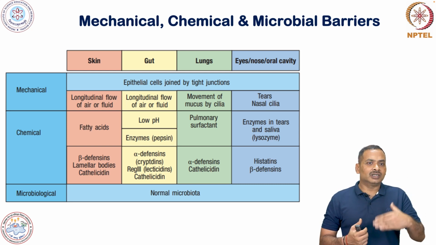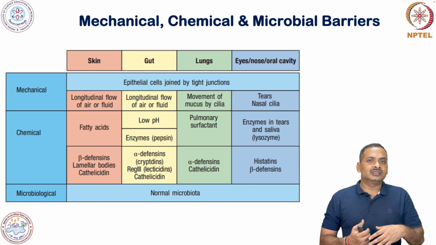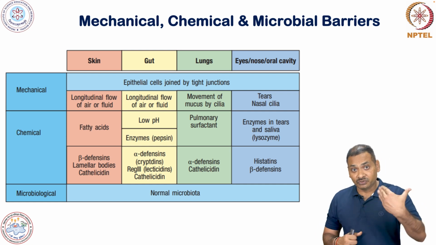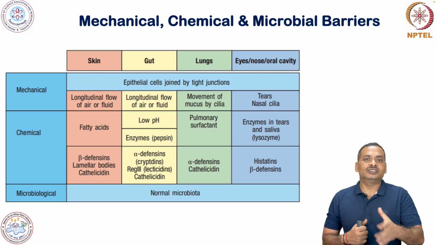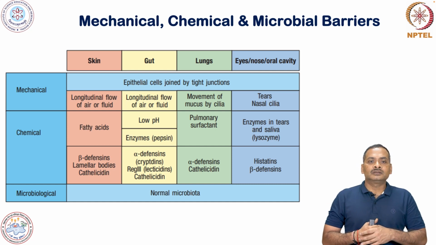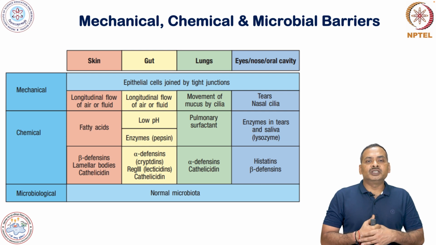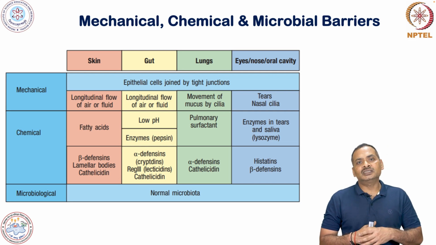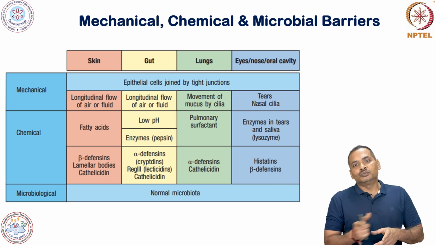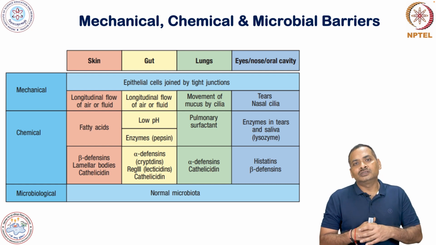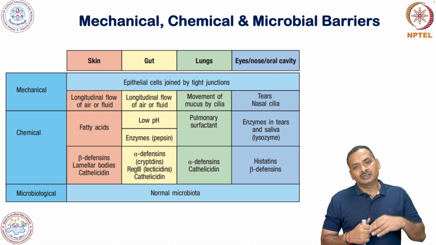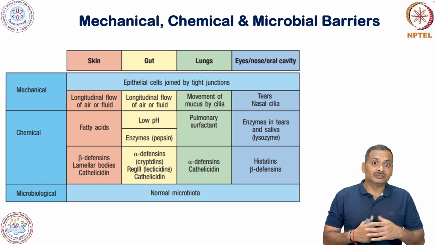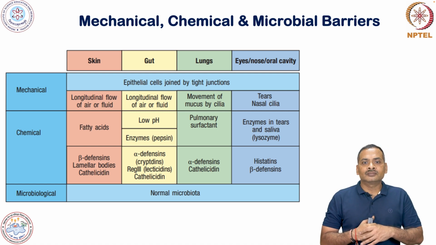In our gut there is a continuous flow of mucus that prevents the attachment and entry of microbes. In lungs also there is a movement of mucus by cilia. The cilia keep on moving and make the mucus flow. That is another mechanical barrier.